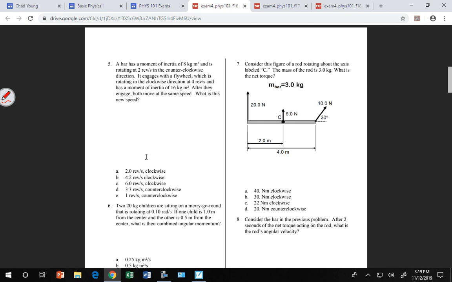Except now we're dealing with I and omega instead of m and v. So I have a bar, I have a flywheel like this. They're both spinning. The bar is spinning in this direction. The flywheel is spinning in this direction. And I want to know, after they come together, they spin at the same rate.